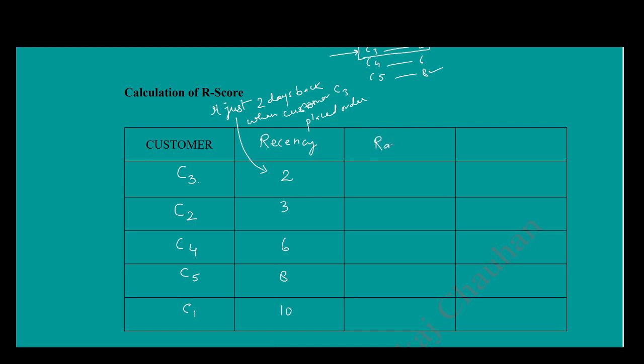So obviously I'll give the first rank to the most recent customer, which is customer C3. So first rank will be to customer C3, then second rank, third rank, fourth rank, and then fifth rank. And here we'll give the R score, that is the recency score. I am giving the score from 1 to 5.